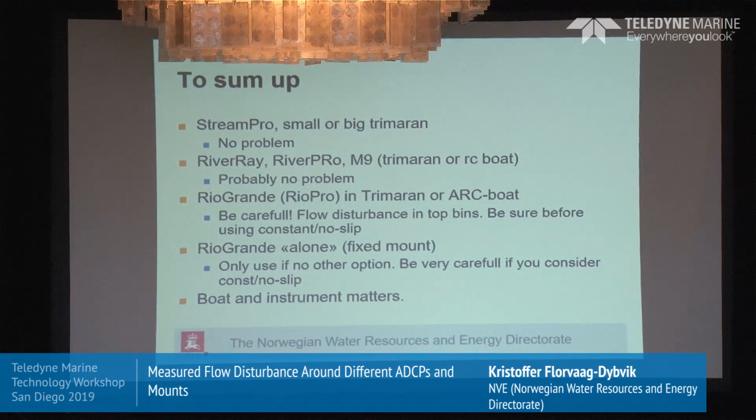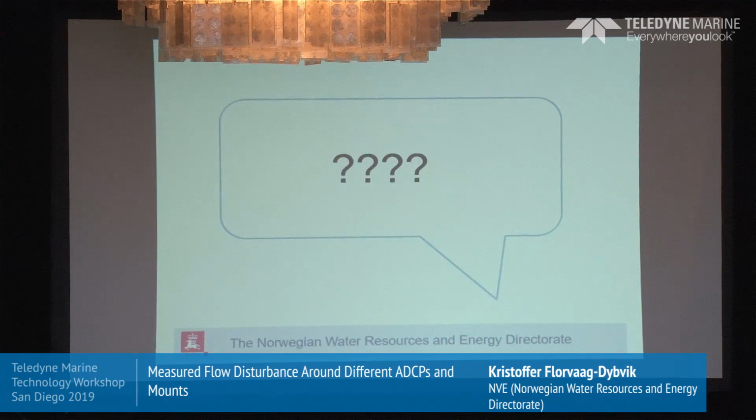And the RioGrande alone in a fixed mount, don't use it, and if you use it, be very, very careful with the extrapolation. And like we have seen, and I have said, both the boat and the instrument matter, but more the big instrument than the big boat. So that's it. Any questions?